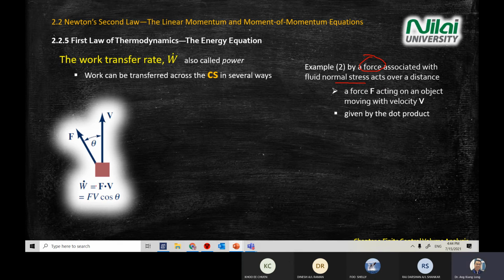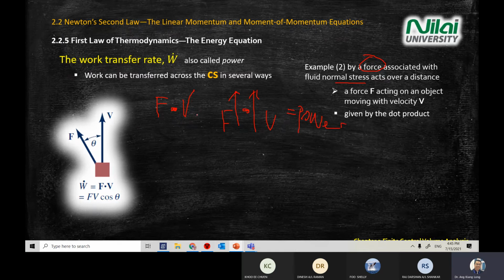However, when you talk about dot, today we need to recall the dot products. When you talk about dot, the two arrows must go together. In dot products, the force arrow and velocity arrow must go side by side to produce power. This is an important concept. Once you understand this one, you can understand the rest.